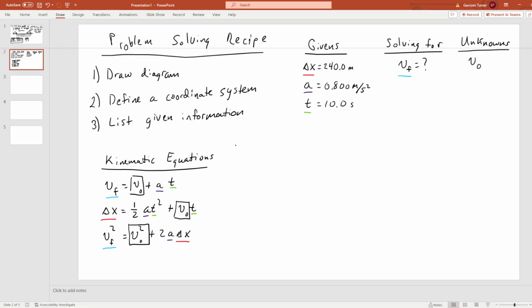And so now what you can do is kind of collate your information here. So this has two unknowns. Because I'm solving for VF, that is technically an unknown, but it is the thing I'm solving for. This has two unknowns. This has one unknown, but does not contain the thing I'm solving for.